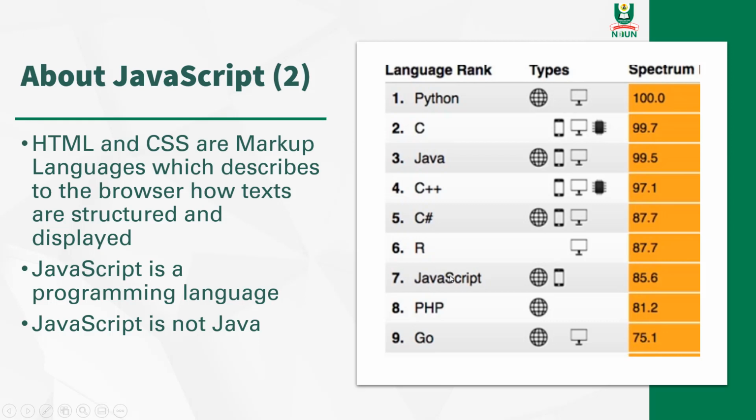So it's telling you that JavaScript is among the top 10 programming languages that is very useful in today's world. And JavaScript is not Java. As you can see, Java is another programming language that is number 3, but JavaScript is different from Java.